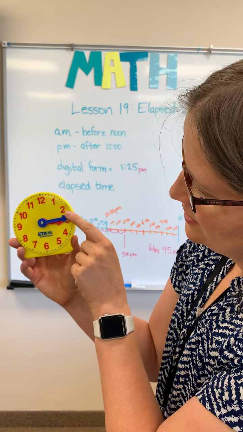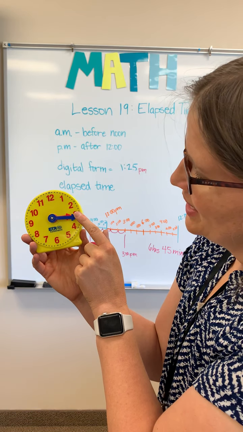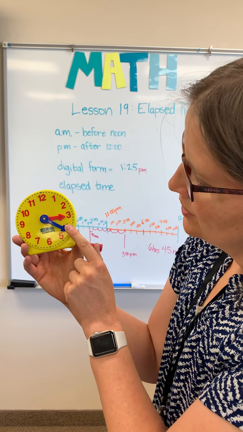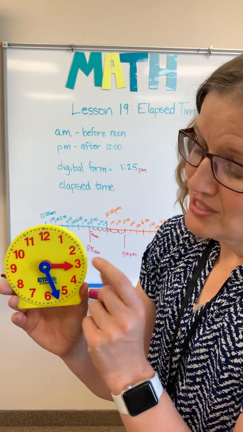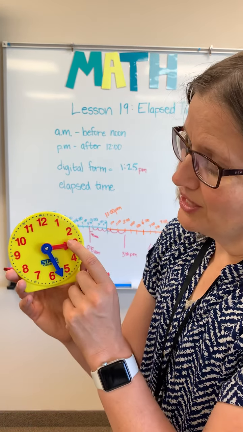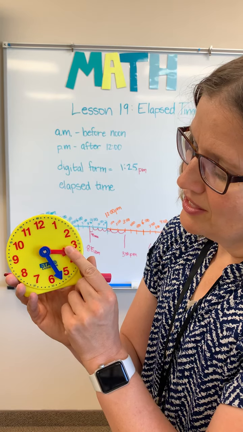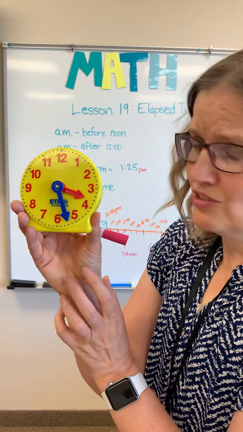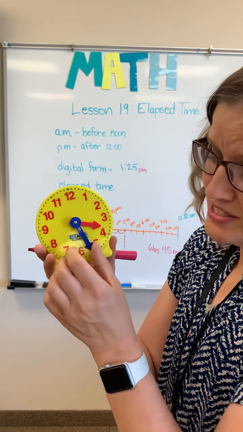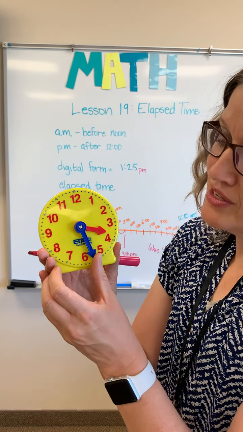And as it goes, something happens to our little hand as we go around the clock. You don't see it on this clock because it's kind of tricky, but this little hand continues to move. Now, is it 4 o'clock yet? No, but it's telling us that it's moving towards 4 o'clock.